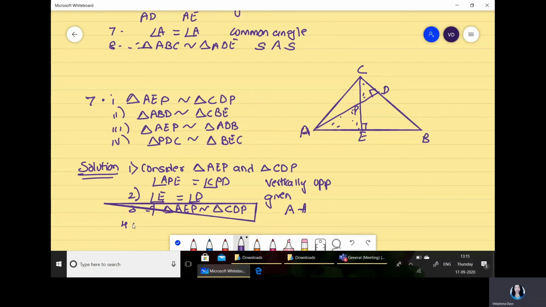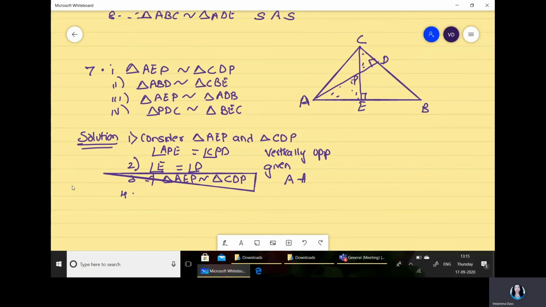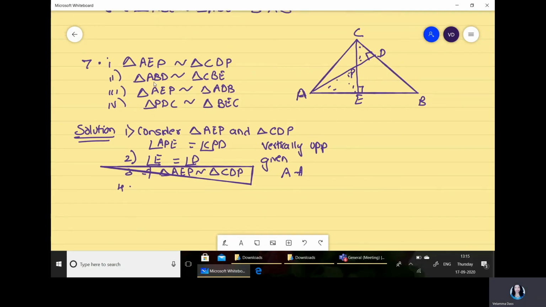Similarly, for the second part, we have to prove that triangle ABD is similar to triangle CBE. When you consider triangle ABD and triangle CBE, you can find that this B is common for both. So consider triangle ABD and triangle CBE.